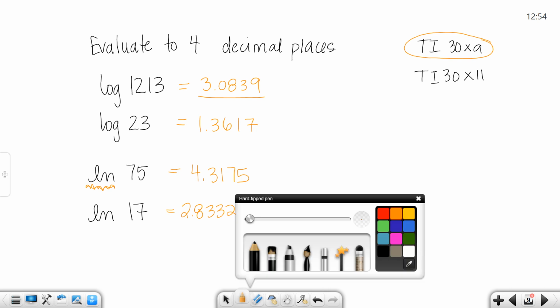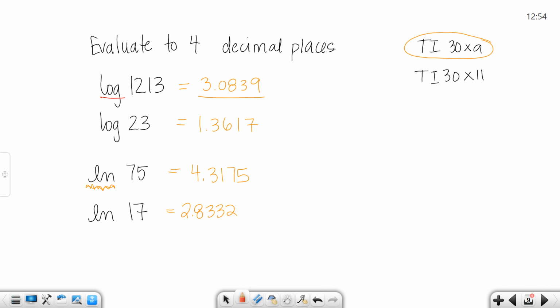So going back to the top one, the first thing you'll do is hit the LOG key, parentheses open, you'll hit 1213, close your parentheses, and equals 3.0386, which rounds up. The next one, you'll hit your LOG key, 23, close your parentheses, equals 1.3617. It does not round up.